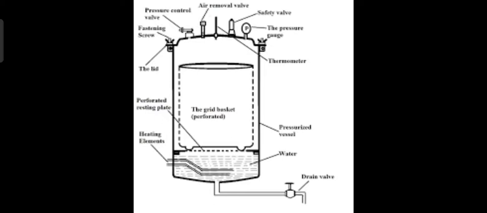The autoclave is usually operated at 15 lb per square inch steam pressure for 30 minutes, which as seen from the above, is 121.5 degrees Celsius. This temperature for a period of 30 minutes is sufficient to kill all the spores and vegetative cells of microorganisms.